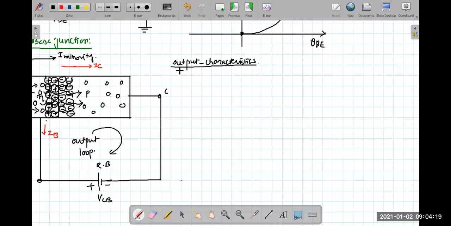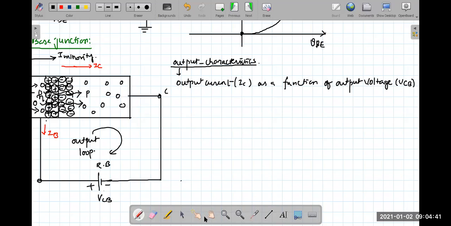Coming to output characteristics, here we plot output current. Output current means the collector current is the output current, as a function of output voltage. Tell me, what's the output voltage here? Collector base voltage is the output voltage.